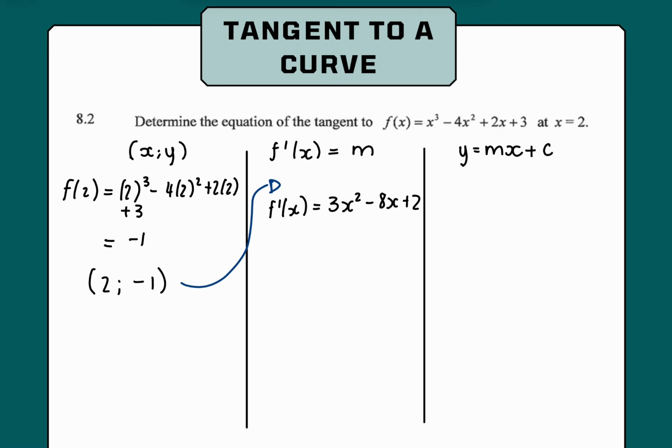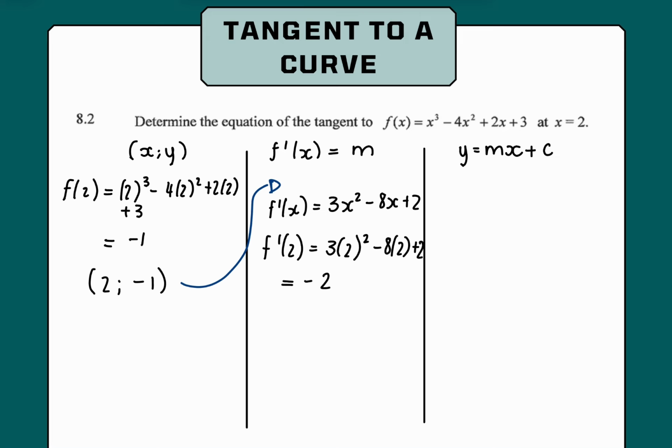So when you derive, you don't care about the y coordinate. You sub in the corresponding x value. You would still sub in that value of 2, because I want to know what the gradient is at x equals 2. Then I will get a value, once I sub this into my calculator, of -2.